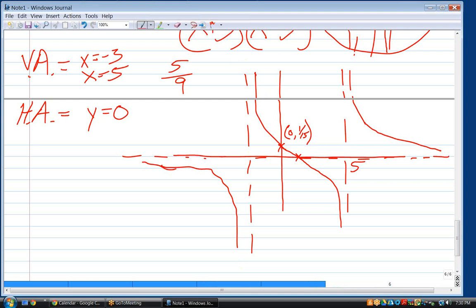Is there anything we didn't get that they needed? No. Okay. The domain and range, we could certainly figure out from looking at the graph, right? What's the range?